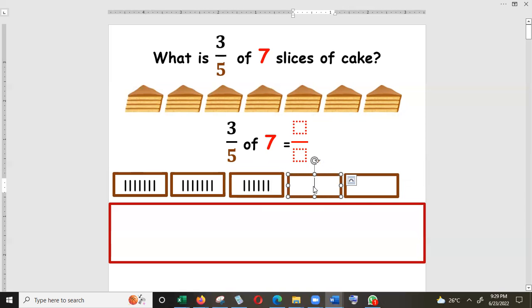Take out 1 there, put it there, and take out 1 from this other portion and put it there. So we are trying to divide 21 into 5 equal portions. Let's see if that's possible.